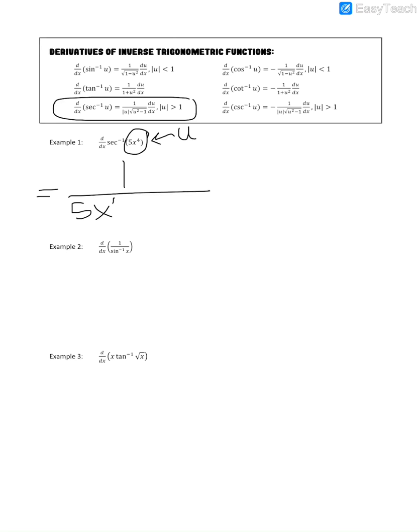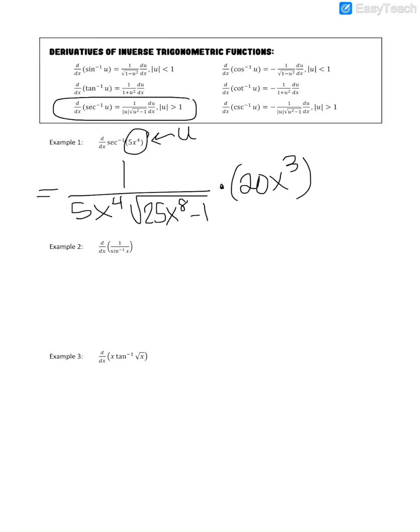So 5x to the 4th, I don't need the absolute value sign. And then radical, and I have u squared minus 1. So my u squared would be 25x to the 8th minus 1. Since my u is not a plain x, I need to times this by the derivative of u, which in this case would be 20x to the 3rd.